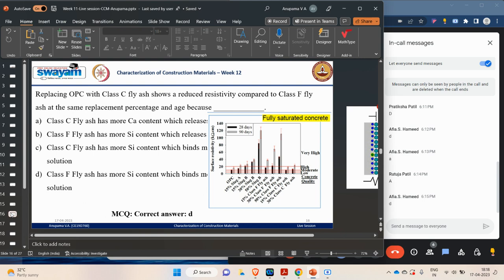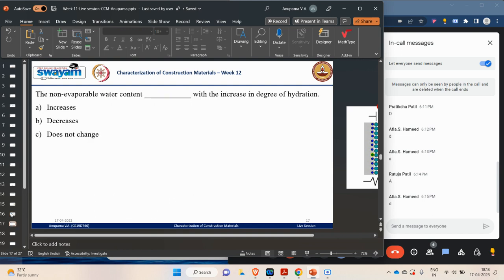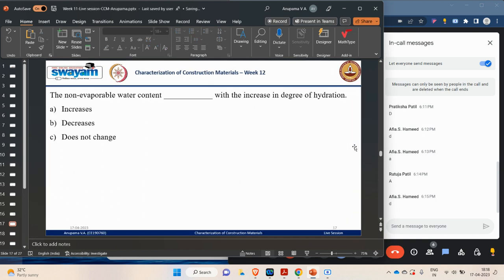Let's see. The non-evaporable water content dash with the increase in degree of hydration. The non-evaporable water content increases, or decreases, or does not change with the increase in degree of hydration.